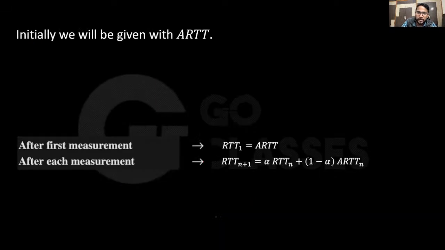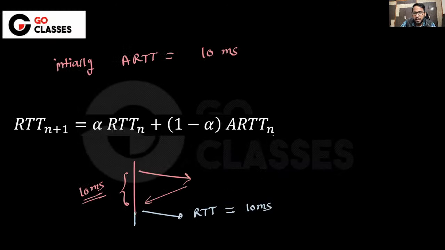I think I have written here also: for the first measurement, you set it to be the initial RTT only, whatever you got. Basically this is the previous measurement, the actual RTT, but now you want to estimate. Since you do not know anything, you will say that now here the RTT is 10 millisecond only. So basically what is happening here is that you sampled one RTT, and you know the actual RTT is 10 millisecond.